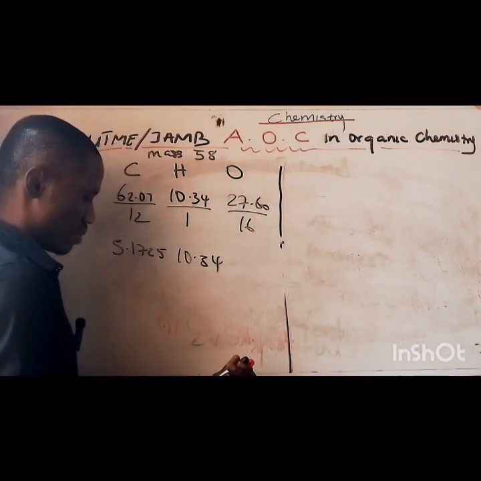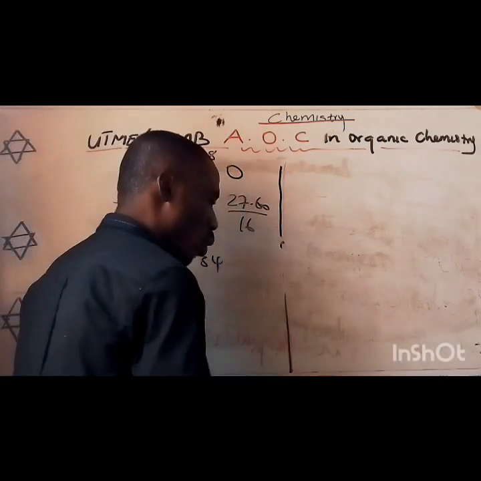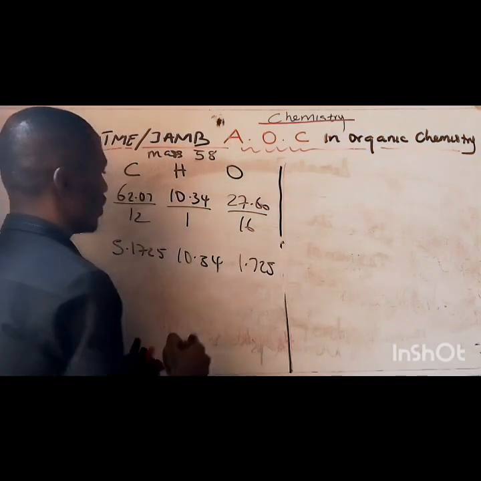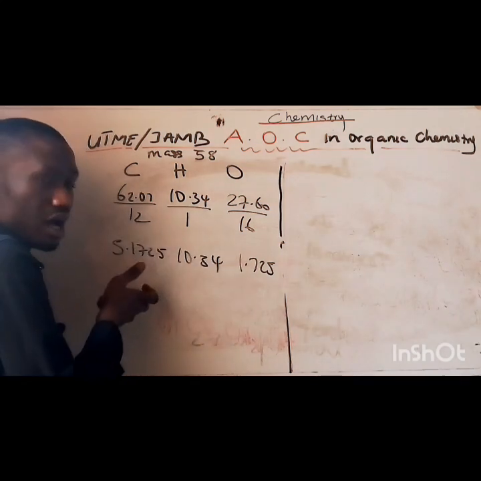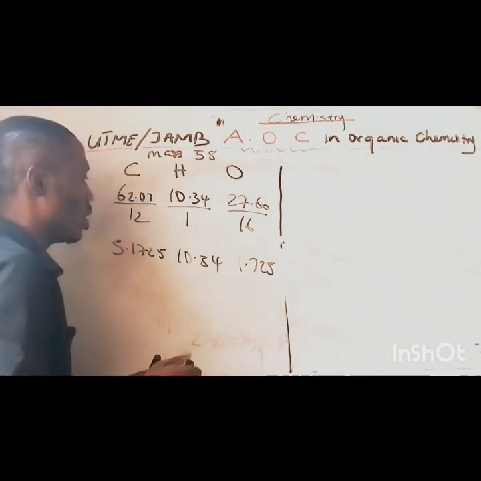27.60 divided by 16. That should give me 1.725. Alright, so we are going to divide these parameters by the smallest number, which is this.